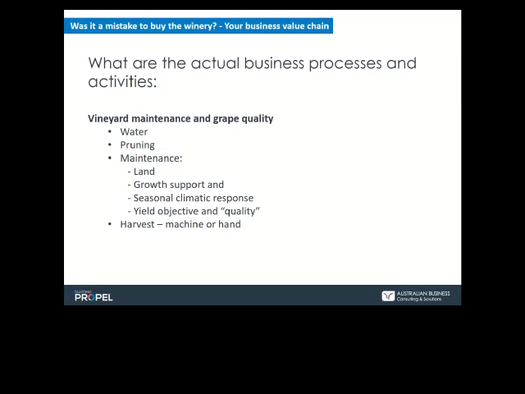The property is located in an area where water isn't a bad problem, but do we want water? Because water into grapes means volume. Are we after volume or after quality? The actual pruning of the grapes post-harvest, the timing of it, the weather relevant around it, allied to whether we do it by hand or machine.